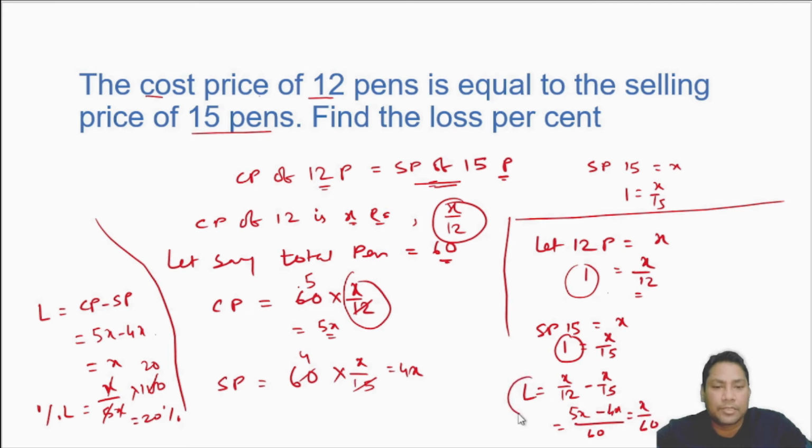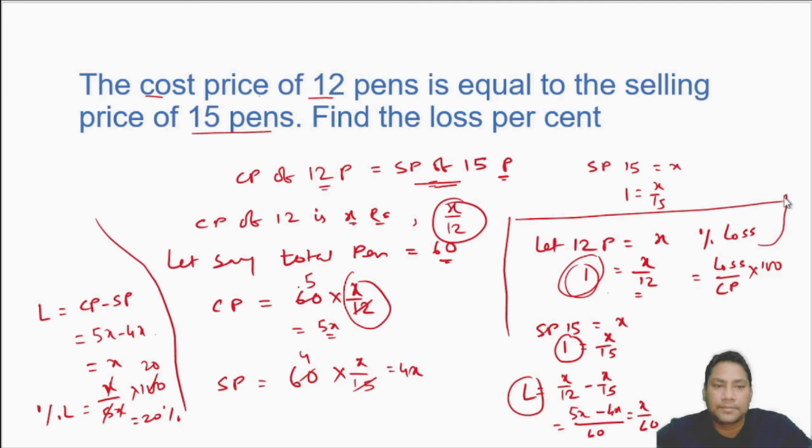Now we have the loss amount and also the cost price of one item. So the percentage of loss will become loss divided by cost price multiplied by 100.